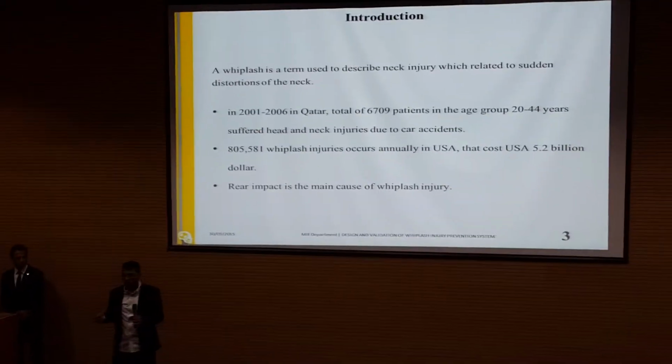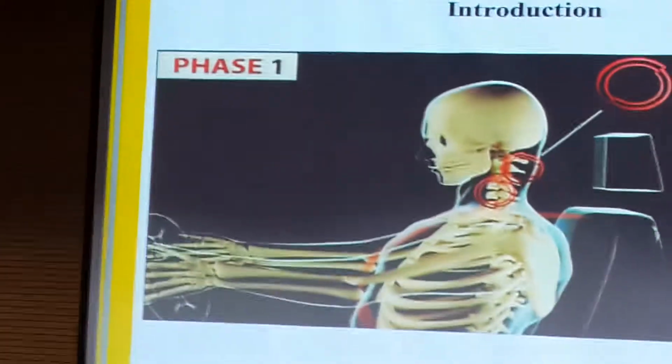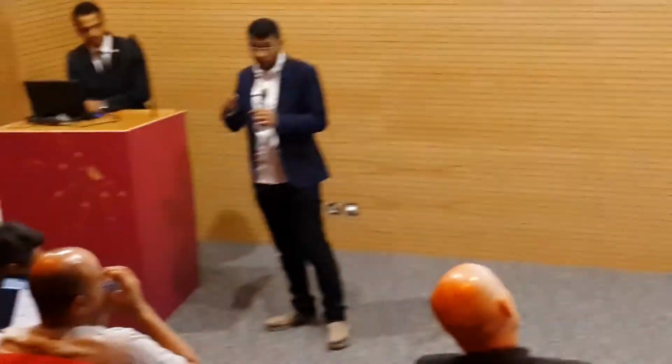What are the solutions to this problem? Before moving to solutions, we will describe the mechanism of occurrence. Whiplash has a mechanism of 3 phases. In the first phase, the seat strikes the driver and the torso starts to accelerate. However, the head tends to keep its position.